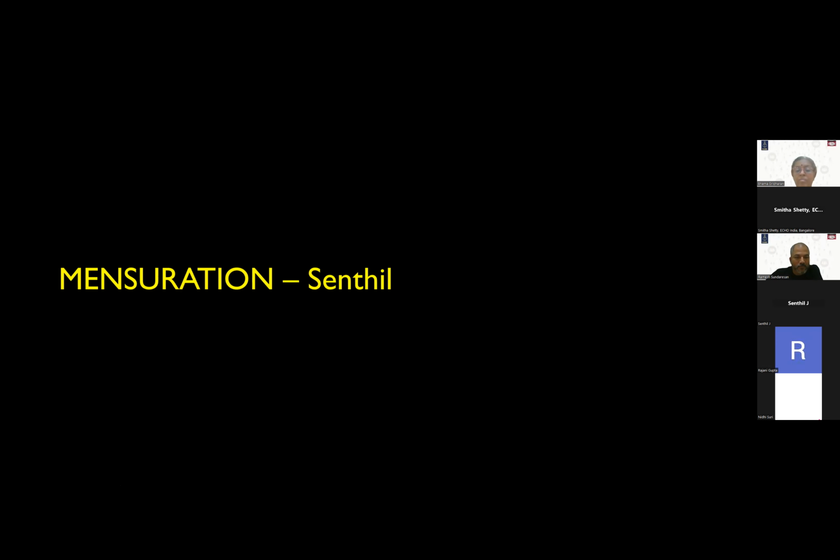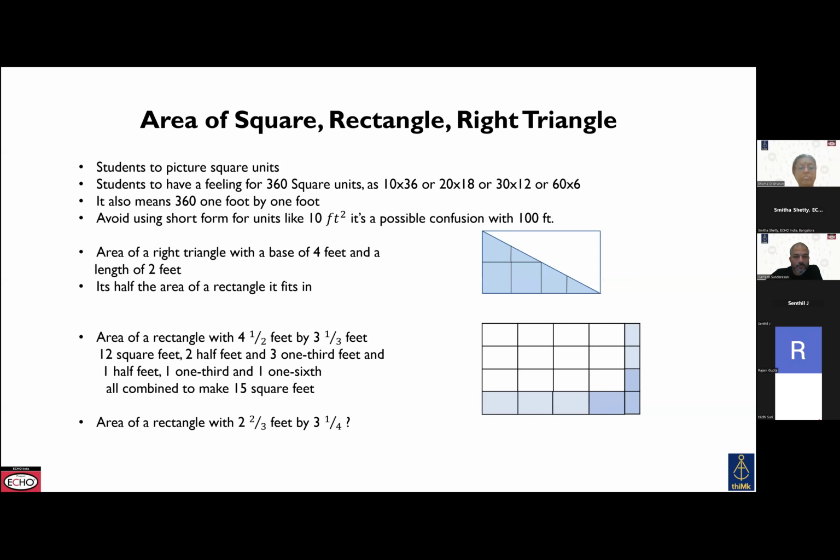Many books start with a triangle, but I feel it is better to start with a rectangle, because it is very easy for children to see the length into the breadth. We start with the rectangle itself, and always with whole numbers, for example 4 feet by 2 feet.